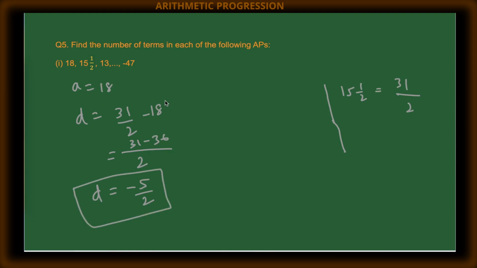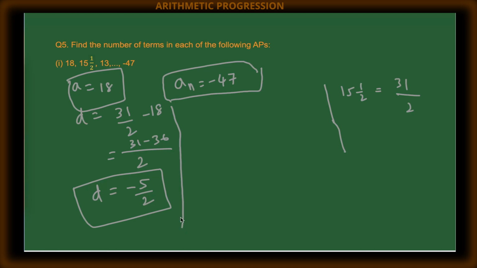So what do we need to find next? AN. AN is also there here. AN is equal to minus 47. Let's put it in our formula. AN is there, A is there. Let's try to solve it.